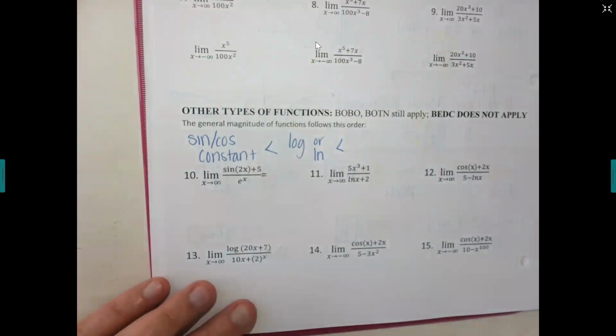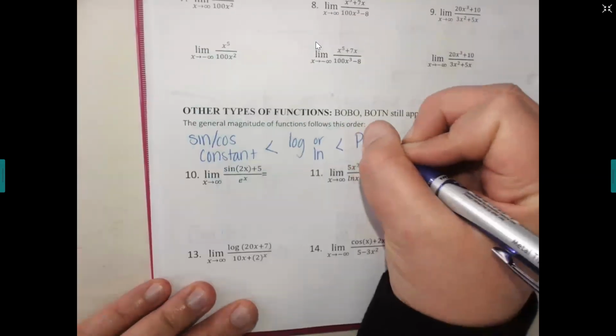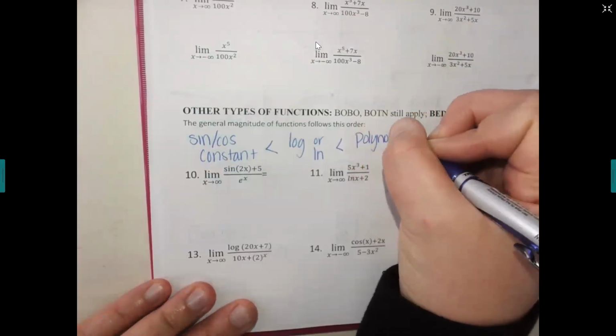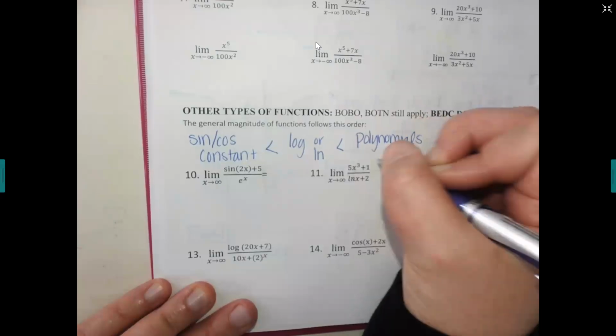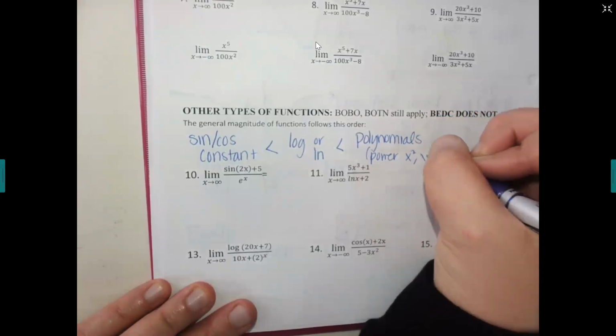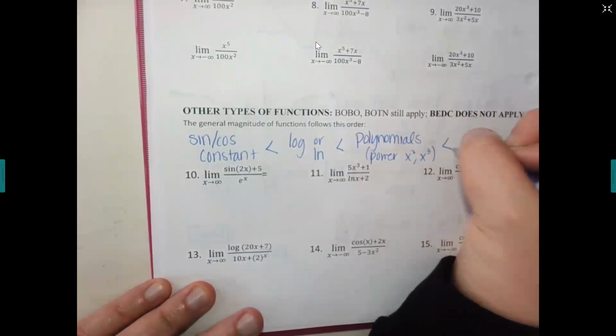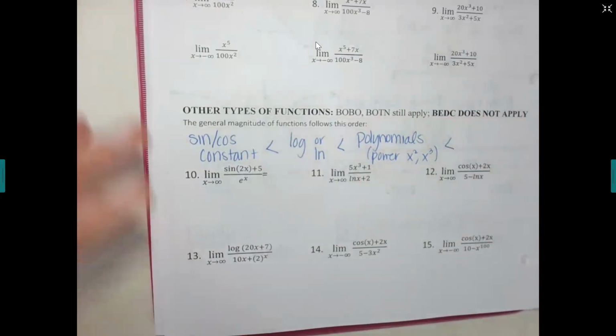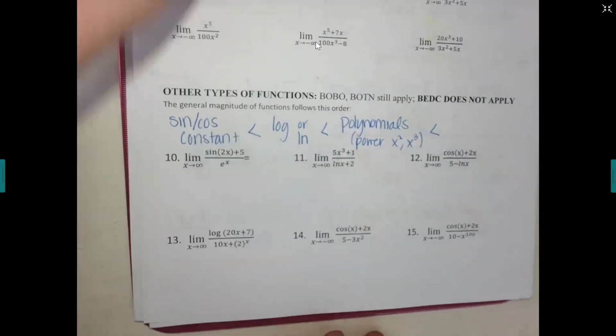The next one is going to be your polynomials. Polynomials are sometimes called powers, but this is like x squared, x cubed, blah, blah, blah. And then the biggest classification is going to be exponentials.